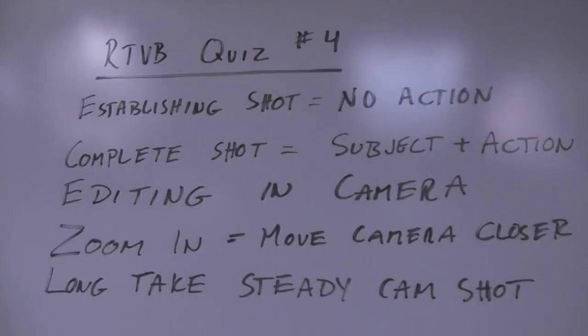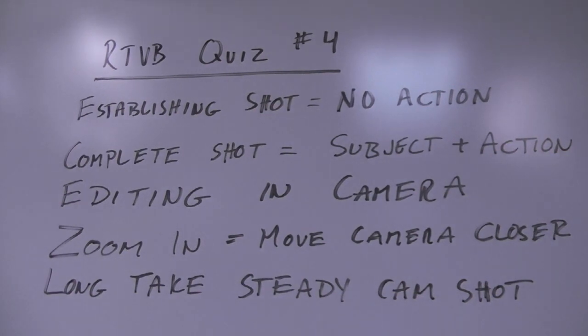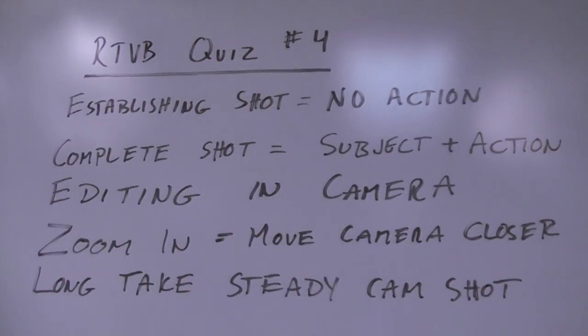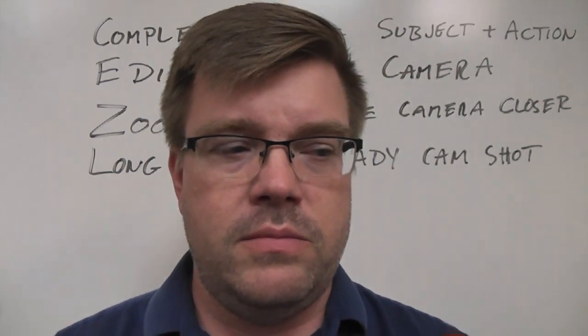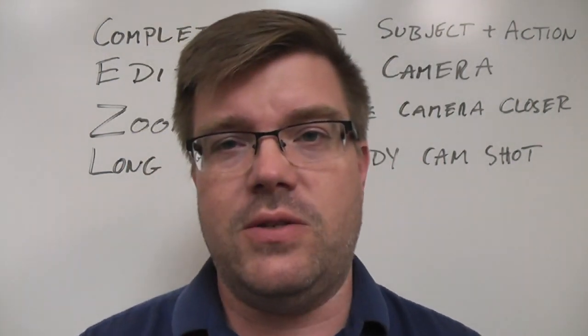Editing in camera is a technique where, if you've played around with just a home recording camera and you're trying to make a movie as a kid and you didn't have any editing software, right? This is the way you would do it.